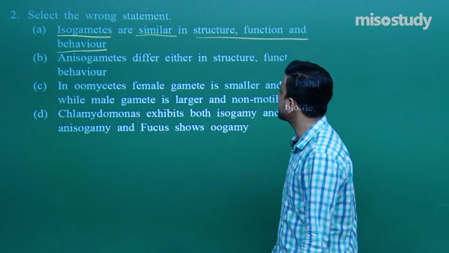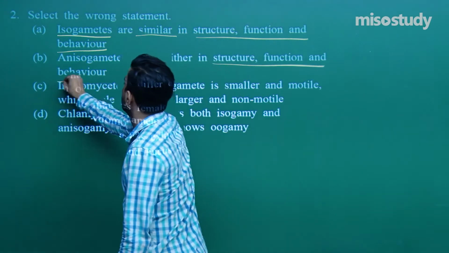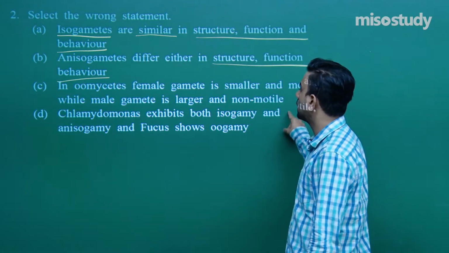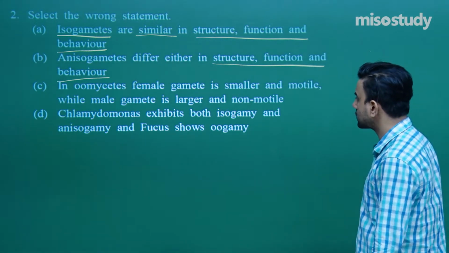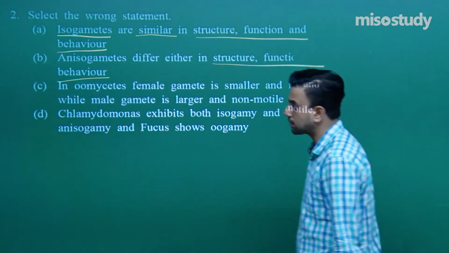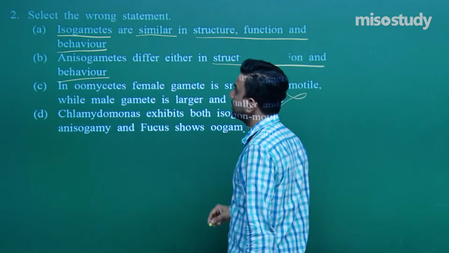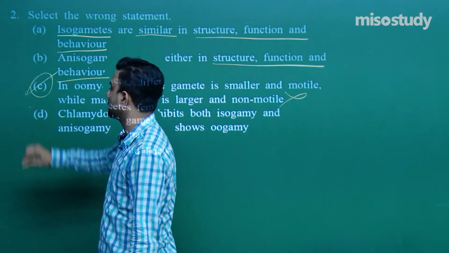The anisogametes differ in structure, function or behavior. And in oomycetes, the female gamete is smaller and motile, while the male gamete is larger and non-motile. This is absolutely wrong, and since we have to select the wrong statement, this will be my answer.